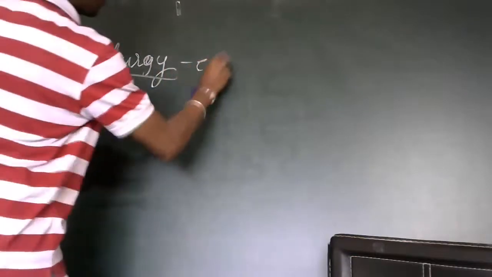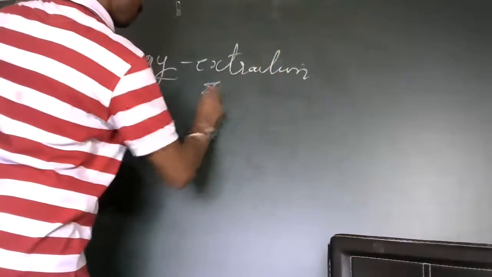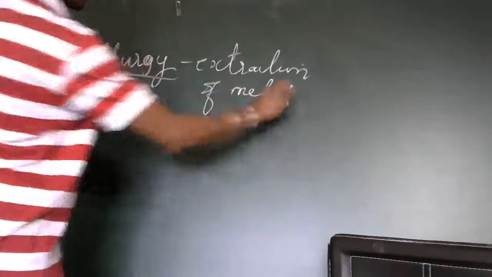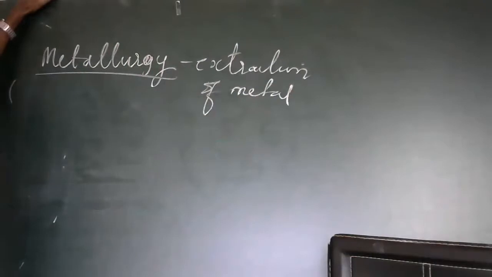It is a given art of extraction of metal from its ore in a desirable form. If you want the purest iron, there is a separate method. If you want the purest form of copper, there is a separate method. Impure form, you will have.